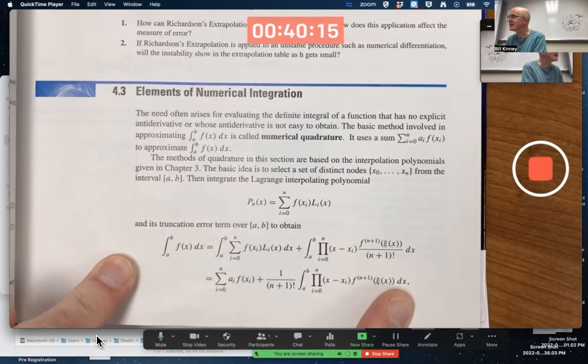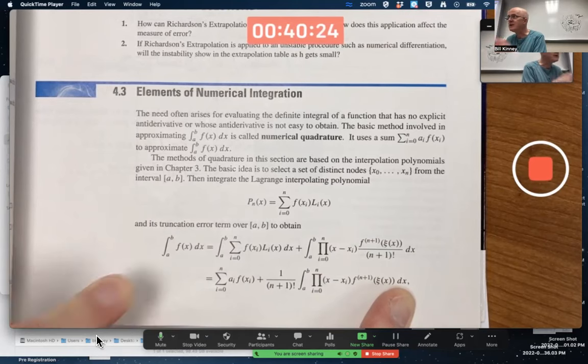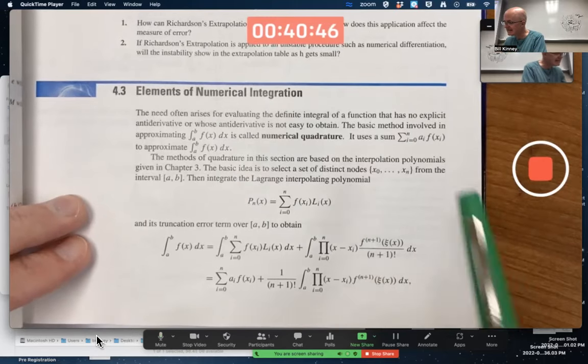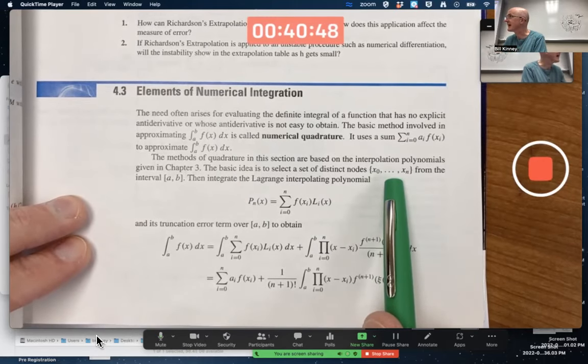The initial discussion on the first page or so is more general than what you get on the next page or so. We are using Lagrange interpolating polynomials, which is different than the way we teach this in calculus. The purpose, though, is to get at the error term, whereas in calculus, you're just told what the answer is. We want to see what the answer is, and we want to believe it. So we need to study this. We've got our nodes, x0 through xn.